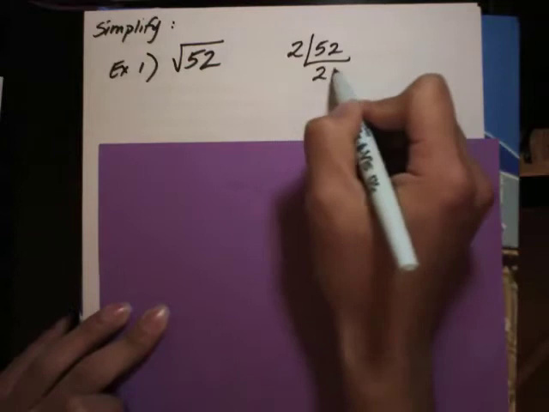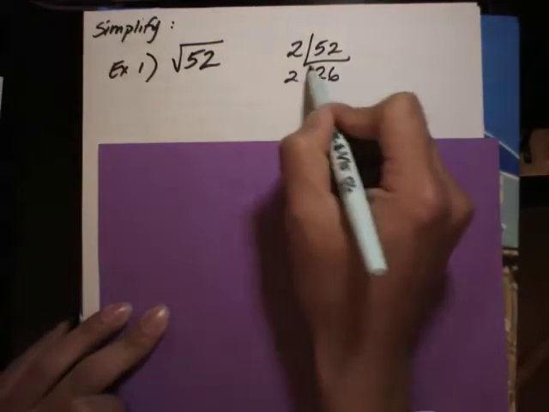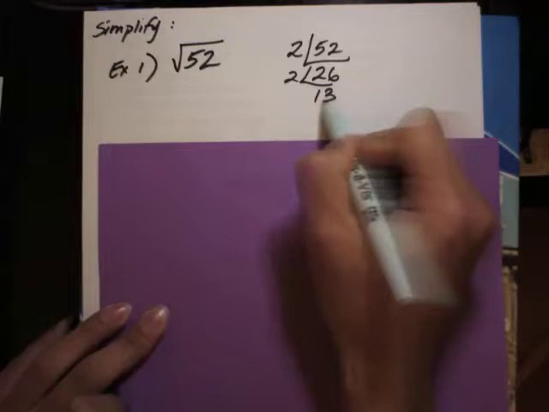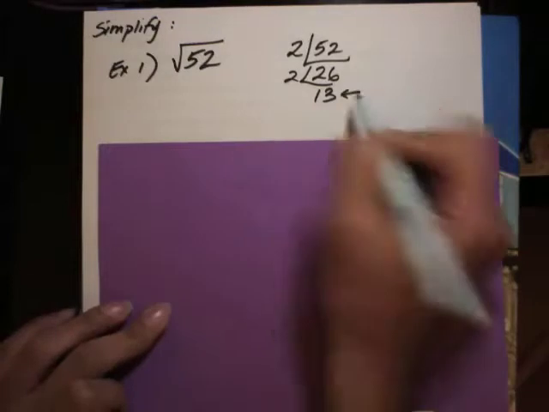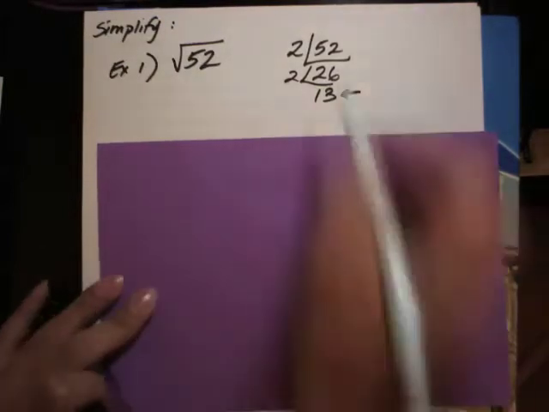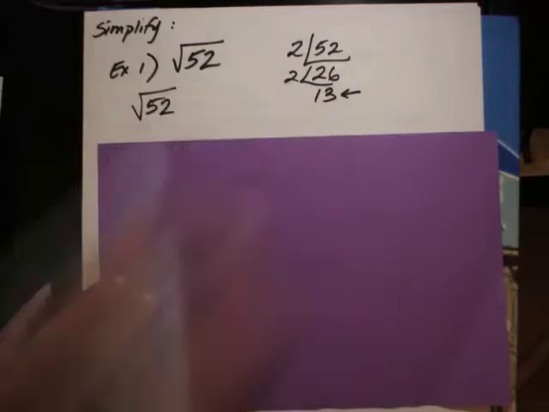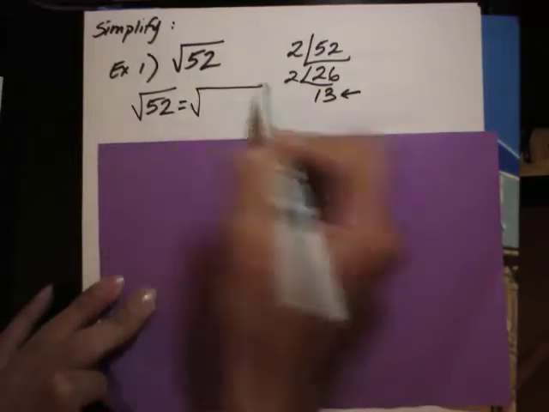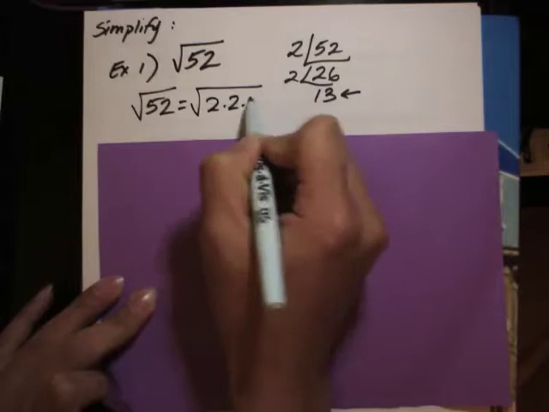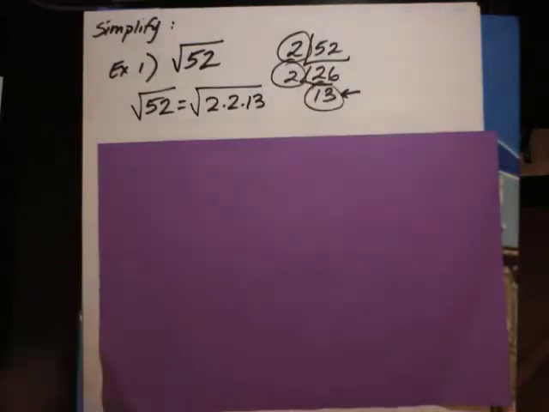We have 2, and this will be 26 left over. Dividing by another 2, I know I can get 13, and 13 I know is a prime number, so I'm going to stop there. Okay, so this means that the value of this radical expression is equal to 2 times 2 times 13. Okay, these are the prime factors.